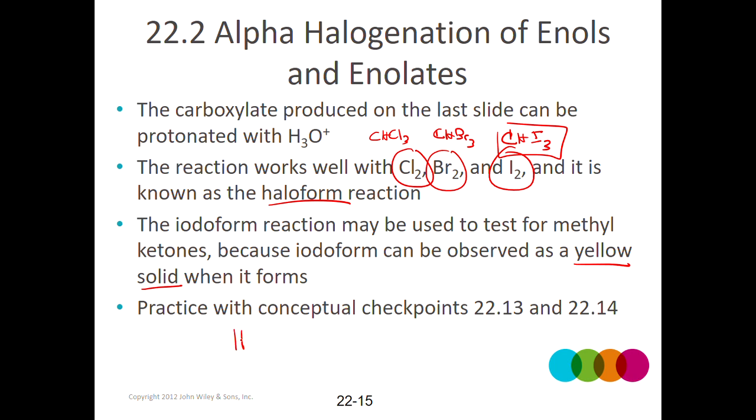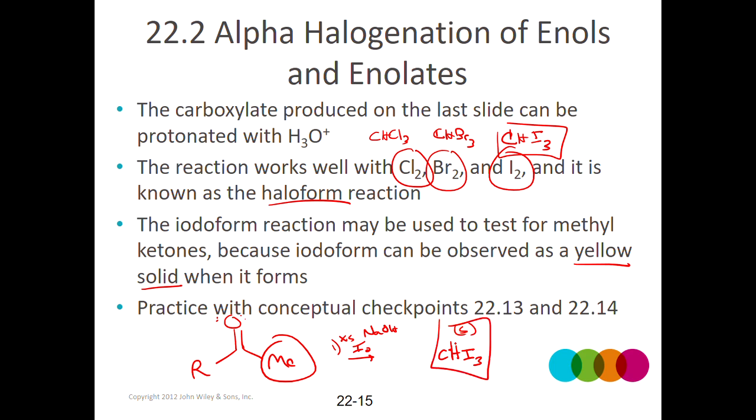So if you suspected that your compound had a methyl group specifically, you could react it with excess NaOH and iodine in one step, and that would produce iodoform, which is a yellow solid. If you saw the appearance of that yellow solid, that would confirm you had a methyl group.